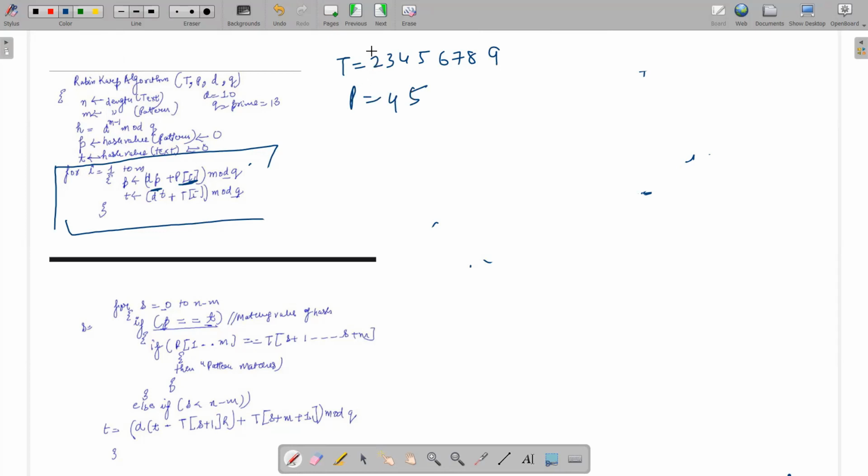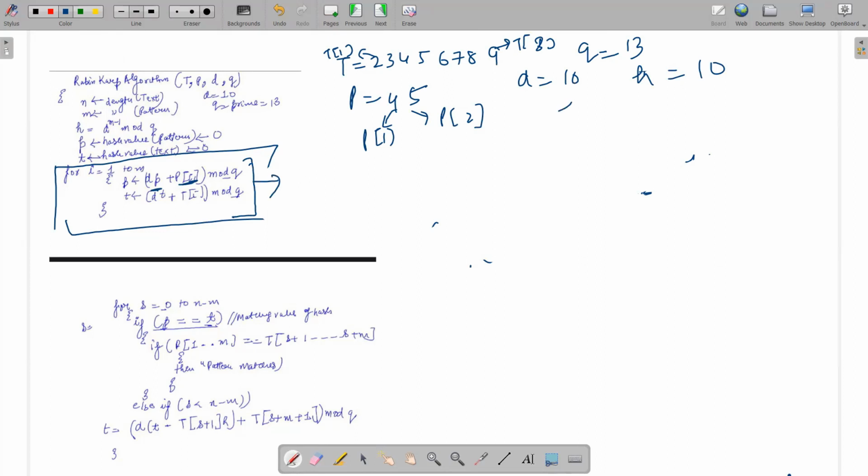Technically, this is your T of 1 and this is your T of 8, and this is your P of 1 and this is your P of 2, right? Your q value is 13, d value is 10, and h value is calculated as 10.